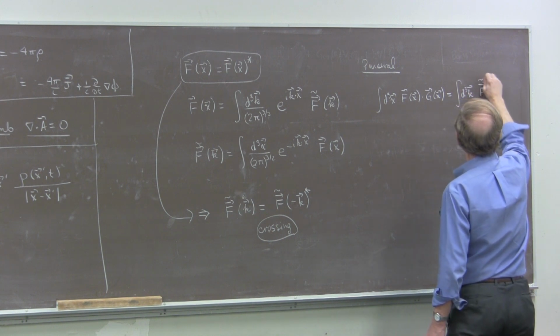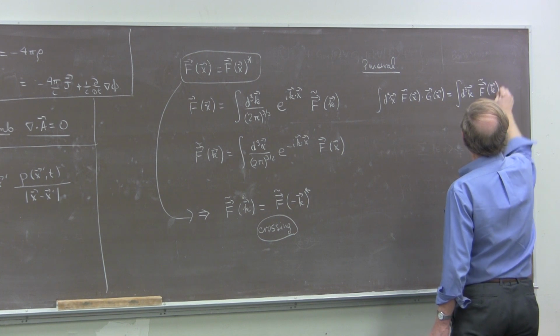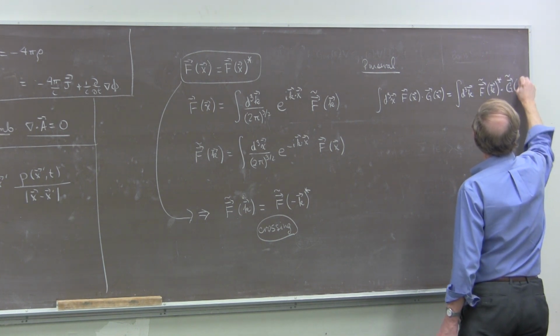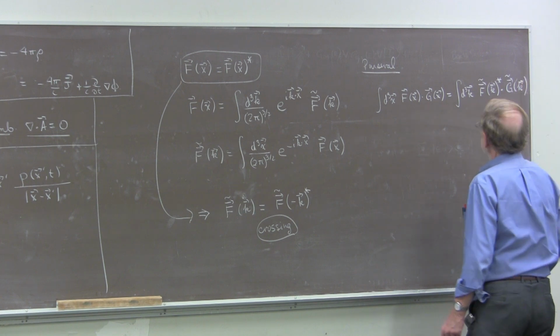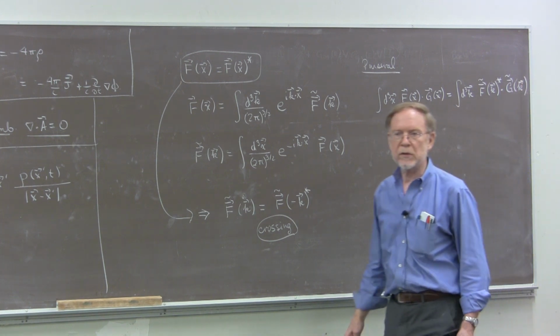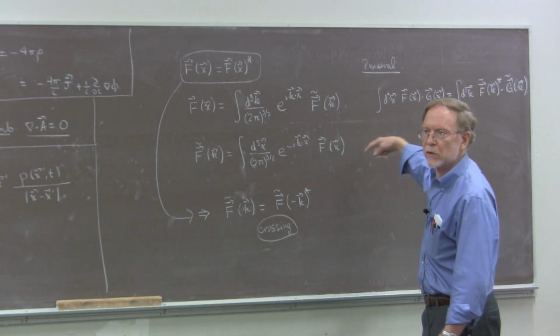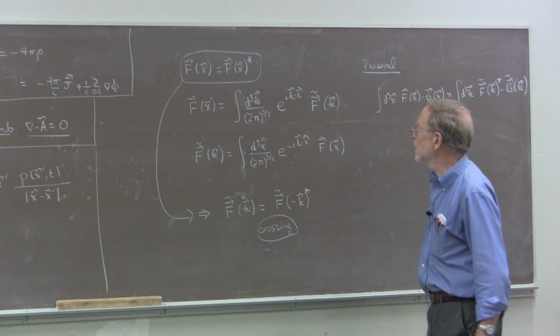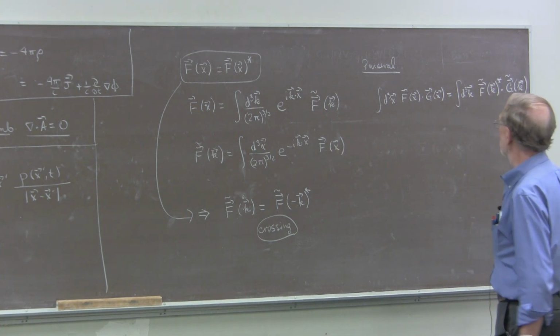So it's F tilde of k, and you need to star it, dotted into G tilde of k. So what you have here is an equality of the scalar product of the fields in real space and in k space, which is what works out in detail with these balanced coefficients in the Fourier transforms.